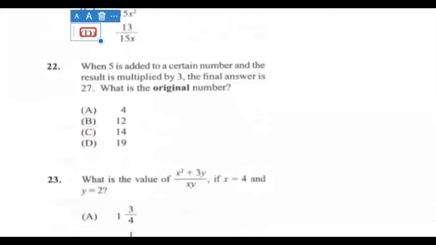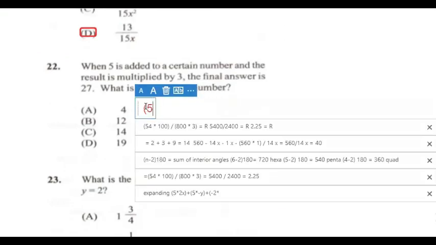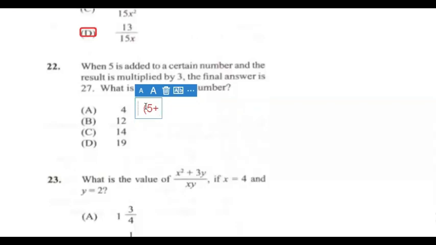22, when 5 is added to a certain number and the result is multiplied by 3, the final answer is 27. What is the original number? So 5 is added to a certain number, which we're going to call x, and the result is multiplied by 3. The final answer is 27. So what you're going to do is solve for x.